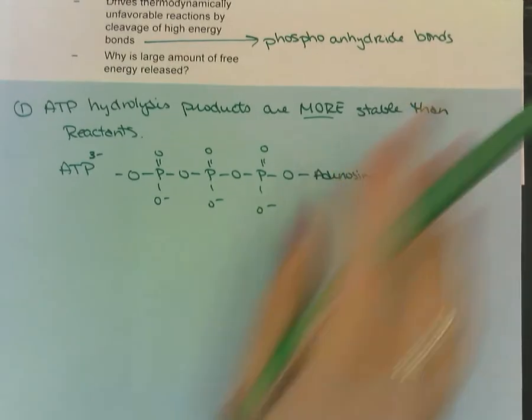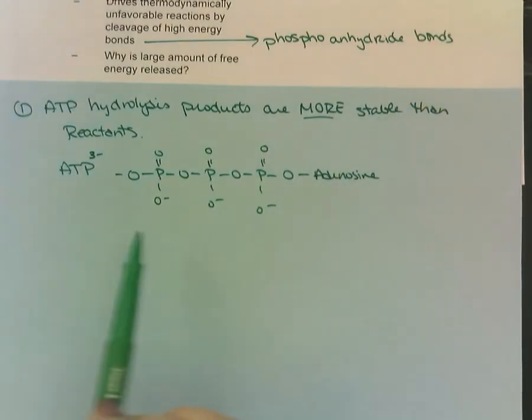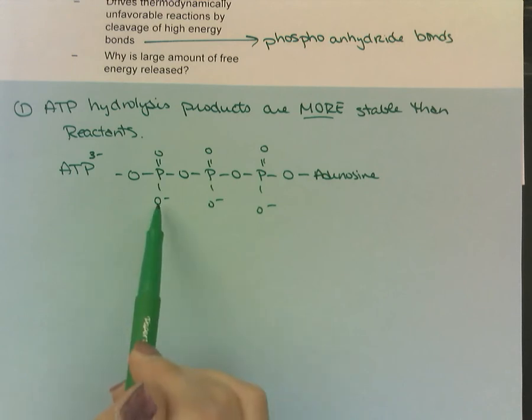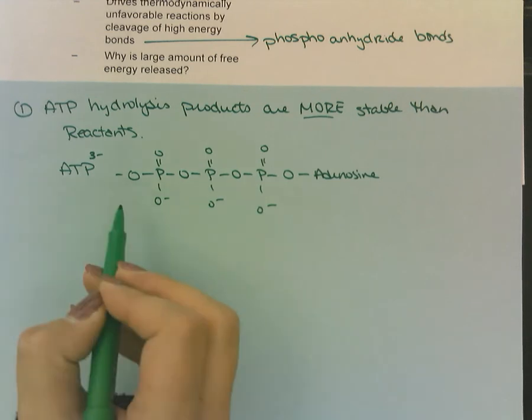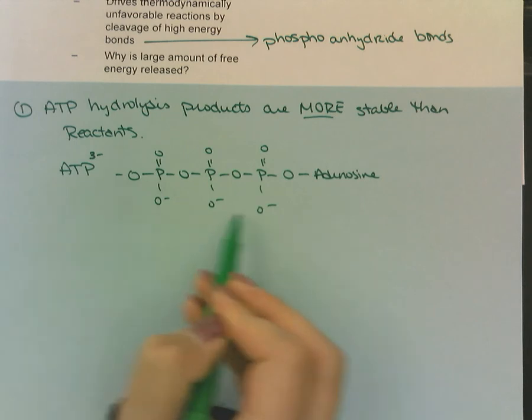From what you know of chemistry in general, how happy are these oxygens to all have a full-on negative charge and be all lined up with each other? They're not happy, right? That's a lot of negative charge all on one side of the molecule. It's a lot of electrostatic repulsion because this side over here has 2 negative charges on opposing oxygens, and there's another 3 lined up along here.